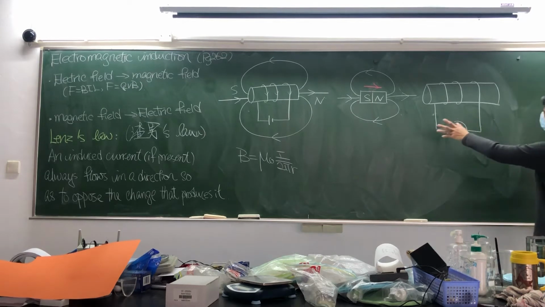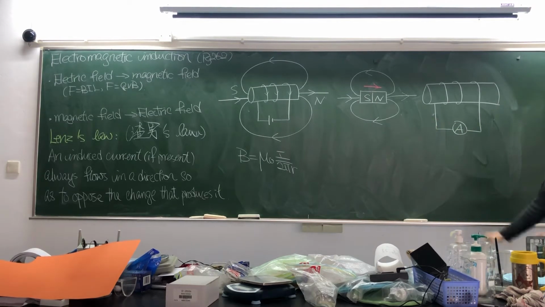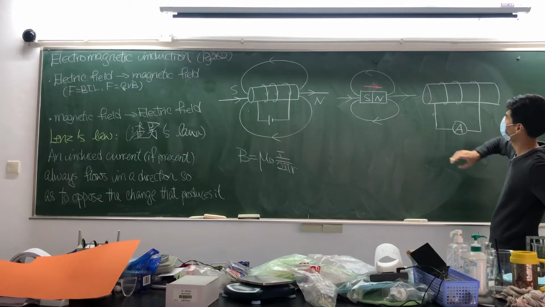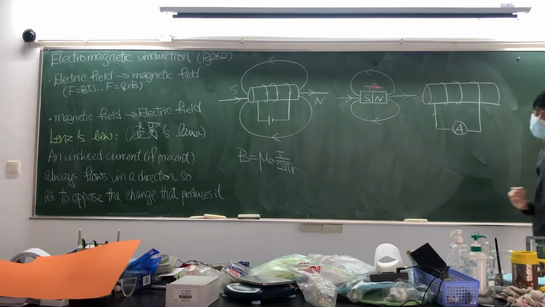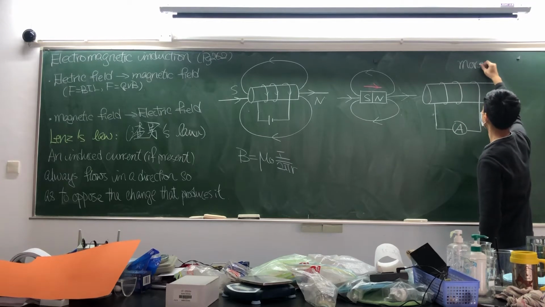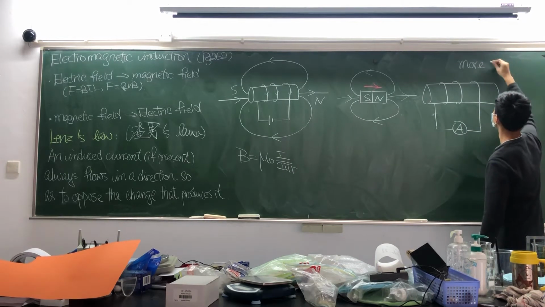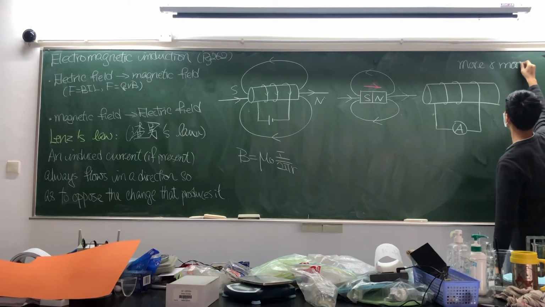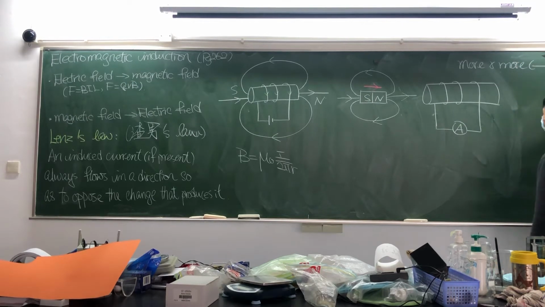If the magnet comes closer, then more and more field lines will pass through this solenoid, pointing toward the right hand side.